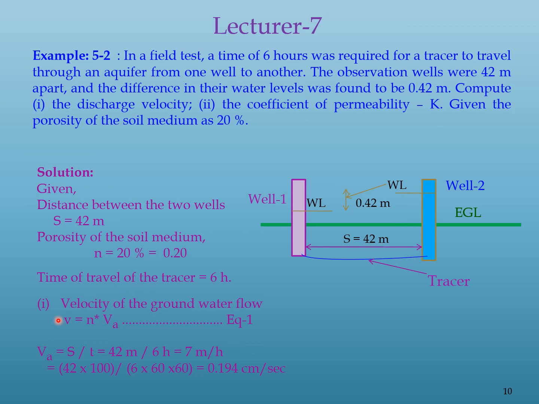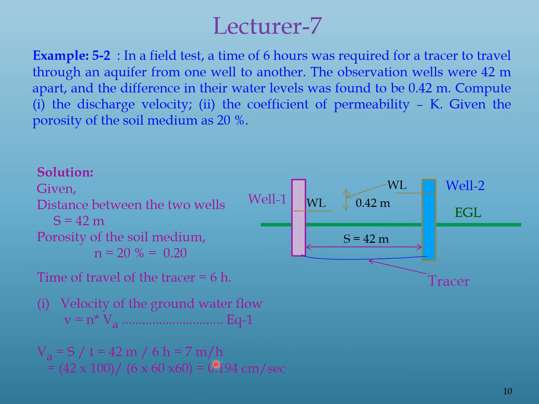We know velocity of groundwater flow v equal to n into Va. Again we know this groundwater velocity or actual velocity Va equal to S divided by t, where S equal to 42 meter and t equal to time 6 hours. So we can calculate Va equal to 7 meter per hour, which is 0.194 centimeter per second.